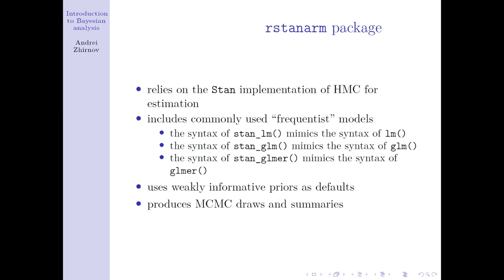In order to use these commands, you simply need to know the syntax for the corresponding frequentist function. If you know how to use the lm function, you know how to write the simplest version of the syntax for stan_lm. If you know how to estimate a logistic regression using glm, you also know how to estimate a Bayesian version of a logistic regression using stan_glm.